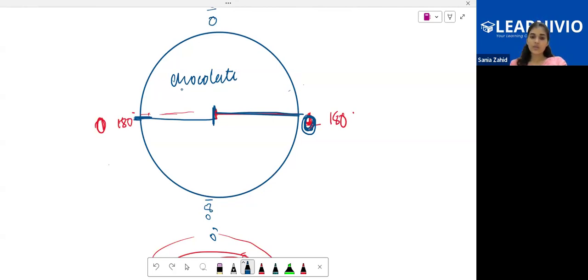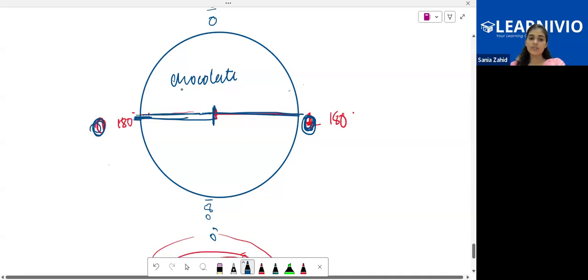You don't have to keep your protractor like this. You have to keep it in a manner that you get the 0 over here. Opposite, right? Yes, opposite, so that you start your 0 from this point.